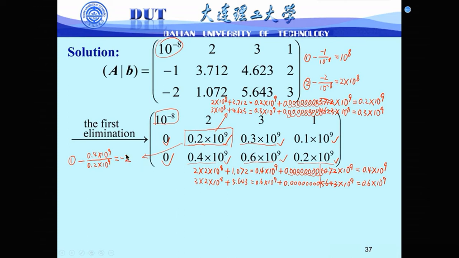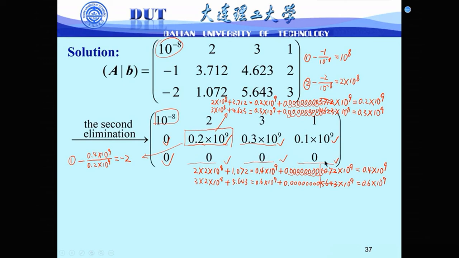Also, we use minus 2 multiply 0.1 multiplied by 10 to 9, then add to 0.2 multiplied by 10 to 9. The result is just 0, because these three numbers are twice this number, and the multiplier is minus 2, so they totally change to zeros. Are you clear?